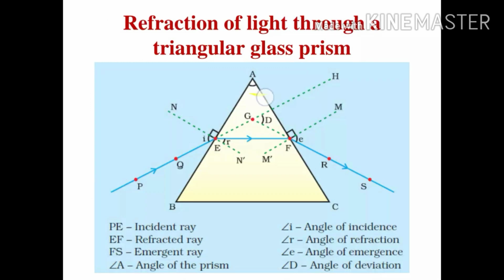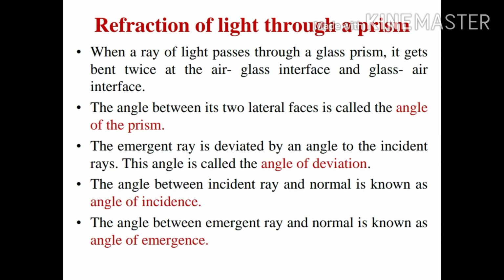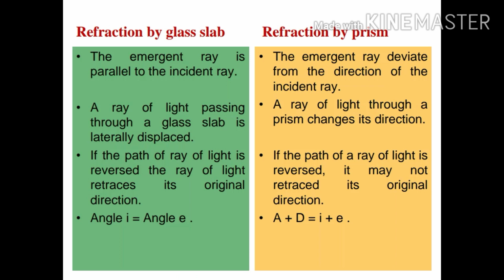So this angle is known as the angle of prism. The emergent ray is deviated by an angle to the incident ray. This angle is called the angle of deviation. The angle between the incident ray and the normal is known as the angle of incidence, and the angle between the emergent ray and the normal is known as the angle of emergence.